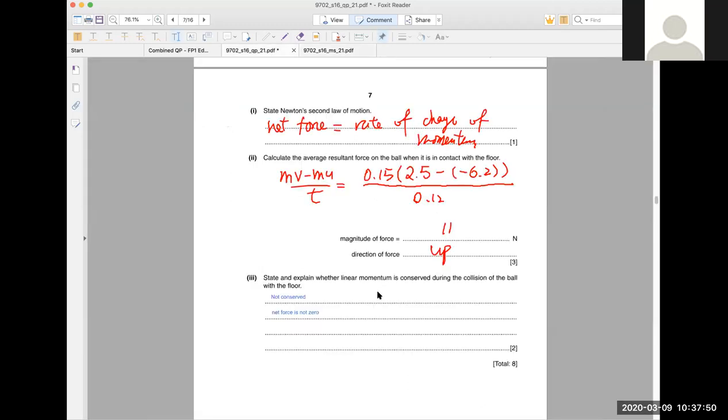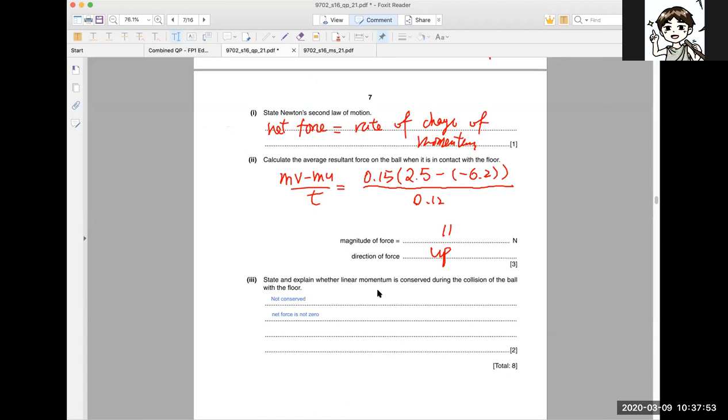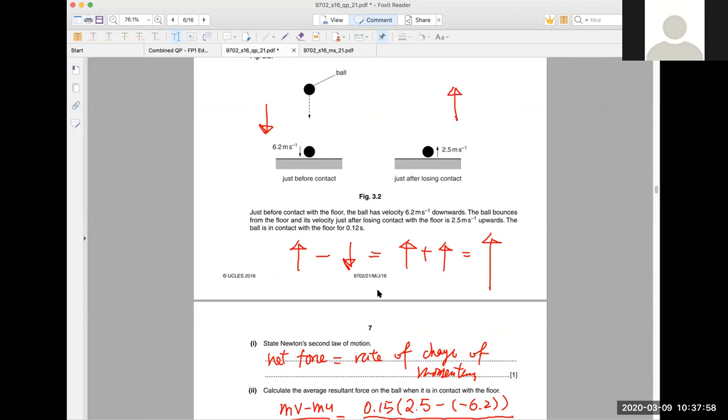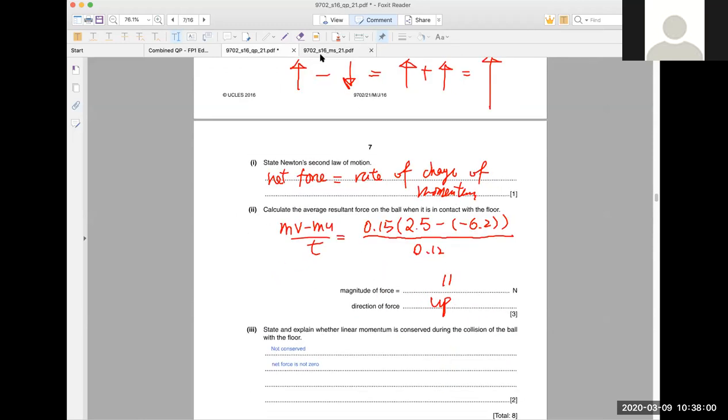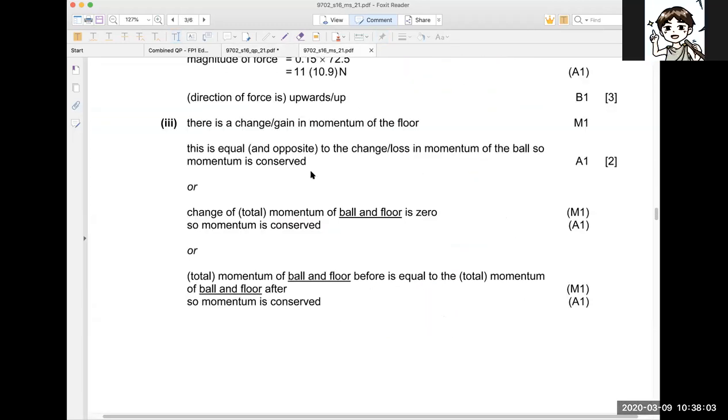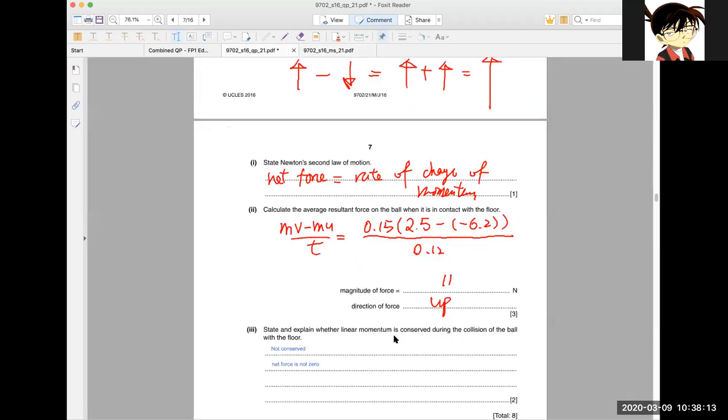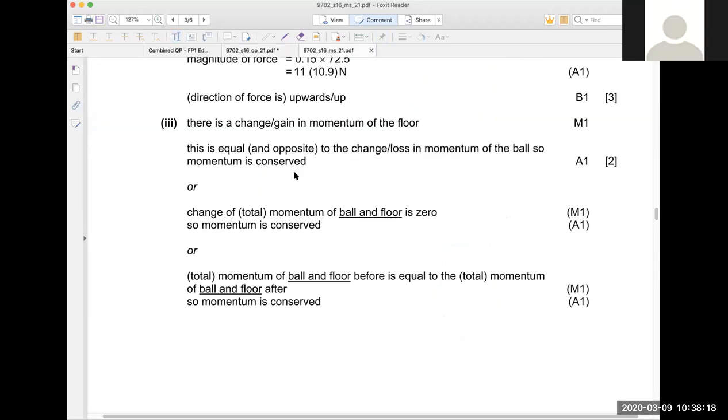Wait, what's the marking scheme? Let me calculate the kinetic energy. No, energy might not be conserved. Kinetic energy is not conserved because the speed is not the same.